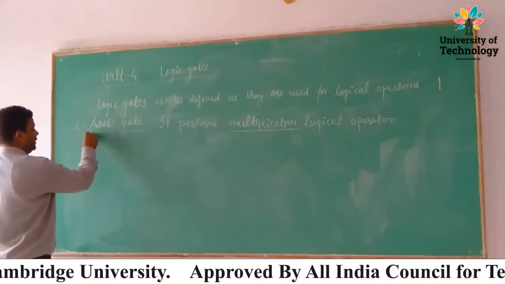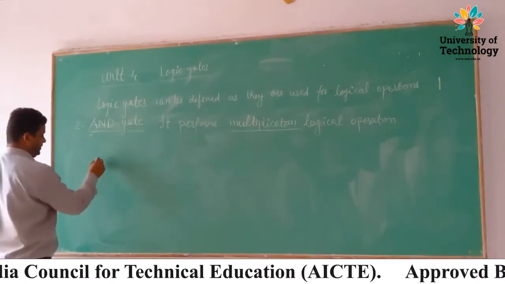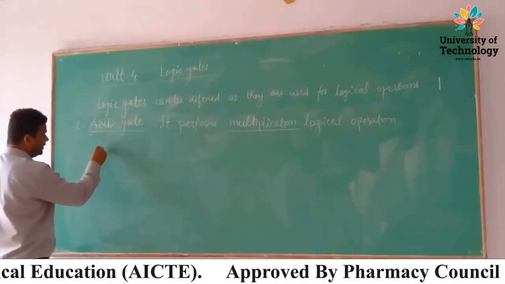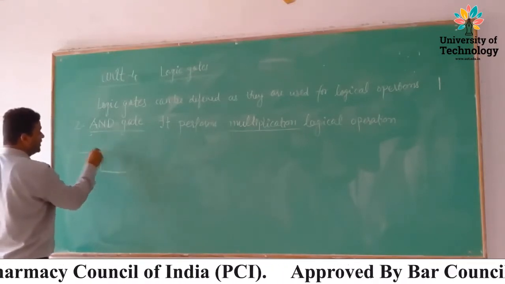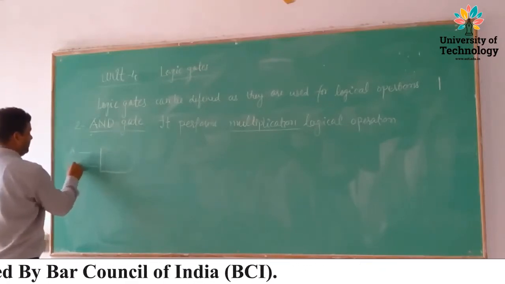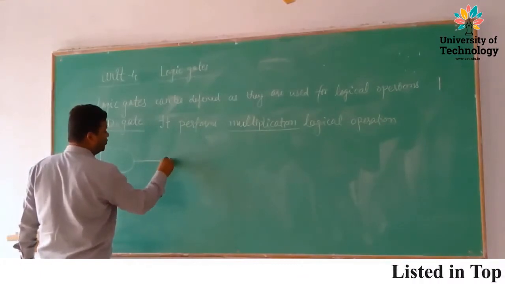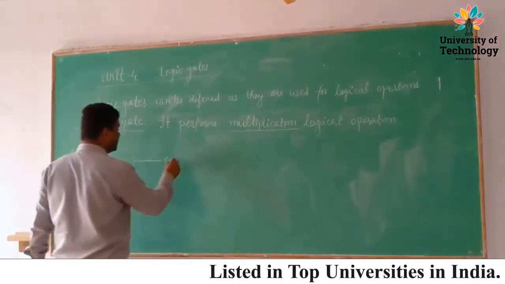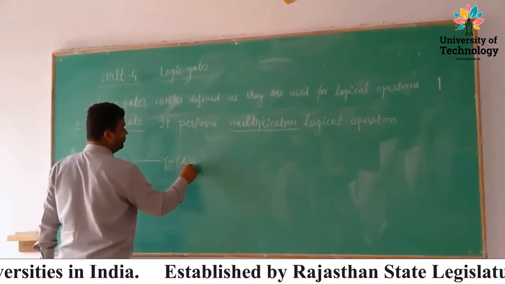Next, we will draw the symbol diagram of AND gate. Symbol diagram of AND gate, if we are considering 2 inputs A, B, then output Y will be multiplication of these 2 inputs A into B.